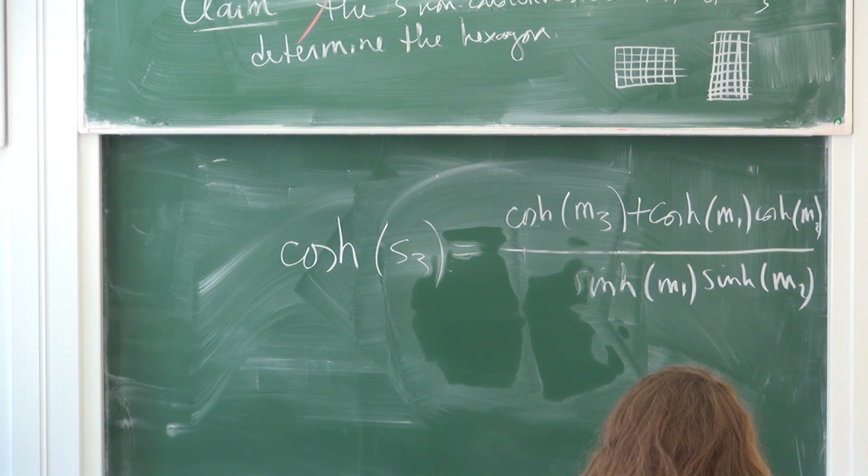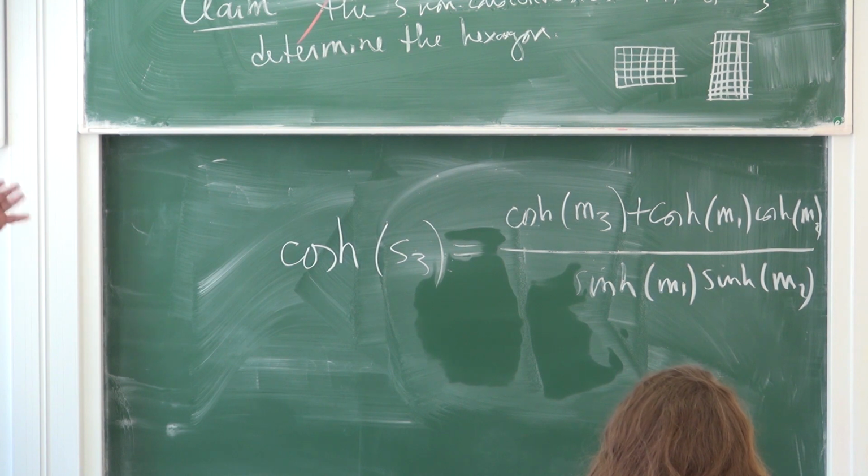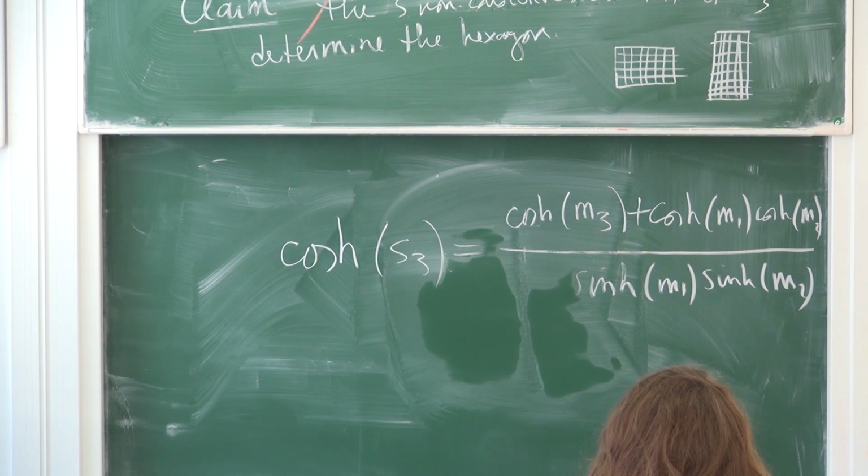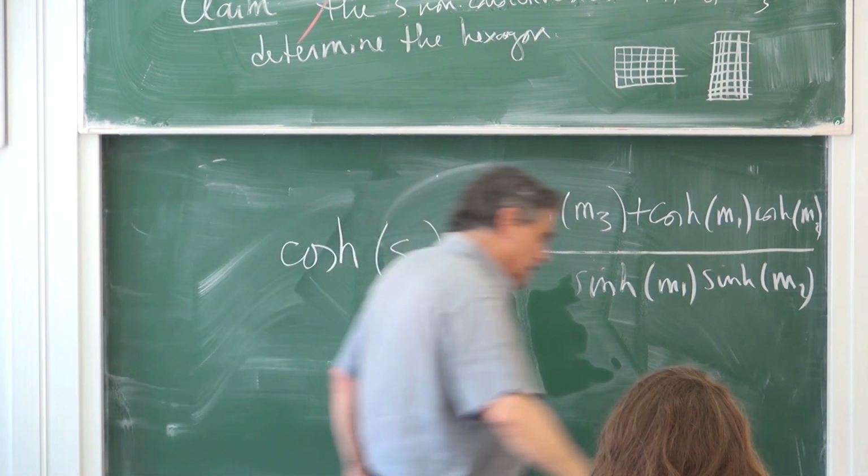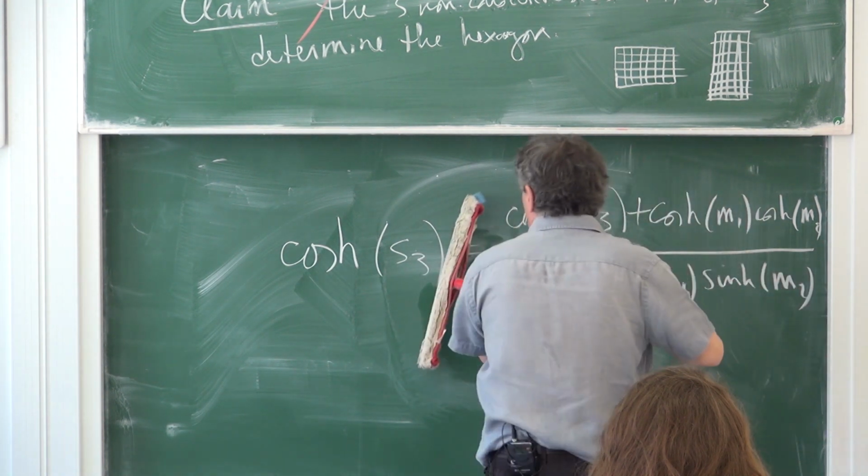But there are cases, in fact, which you can study. This is, for instance, the case where M1 equals M2 equals M3, so you get special cases, a one-dimensional version of these right-angled hexagons, and you can try to prove your conjectures first on this one-parameter family of hexagons.